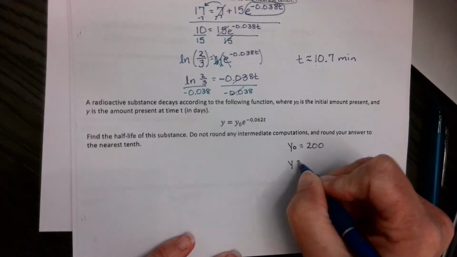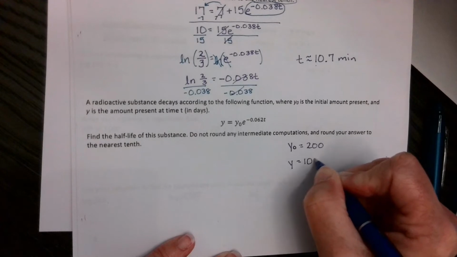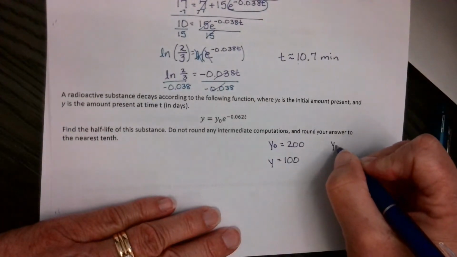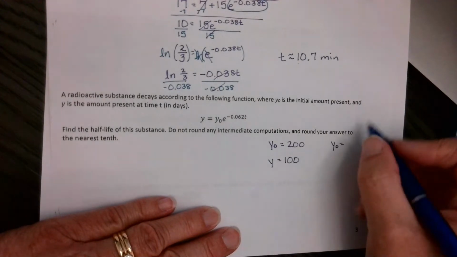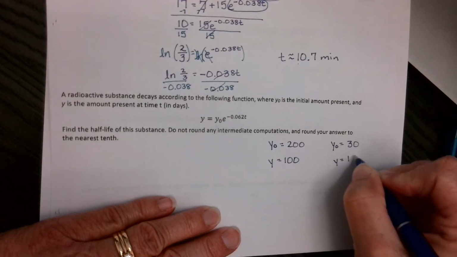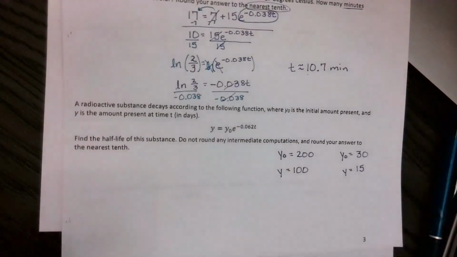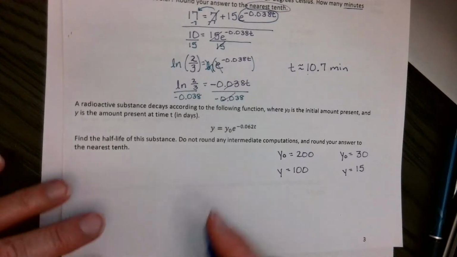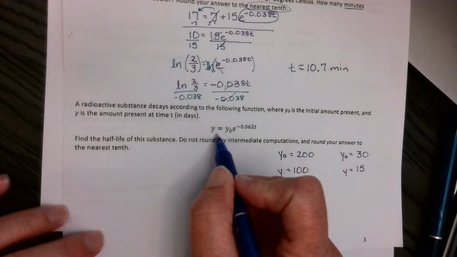So our y is going to be half that, which is 100. You could have said y sub 0 is, let's say, 30. Its half-life then would be 15. You could use 40 and 20. It doesn't really matter, because we're going to use this formula right here.